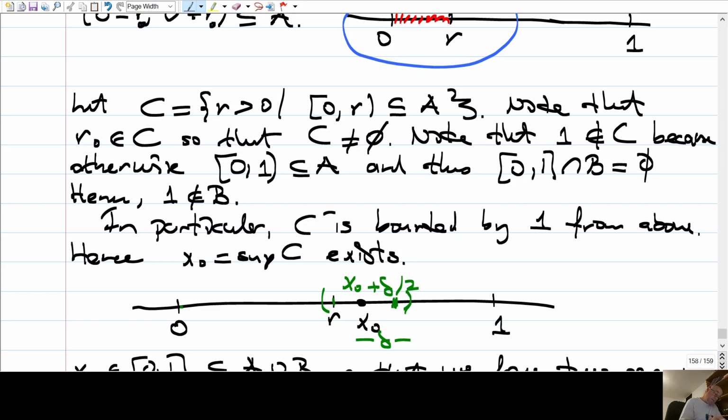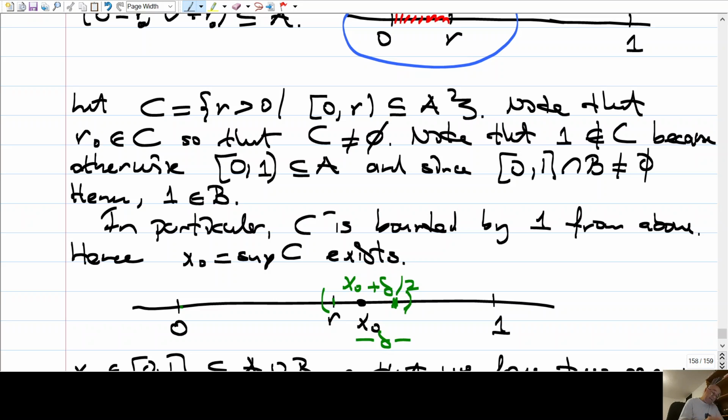I should say this. If this is the case, and since this shouldn't be empty, one should be in B.